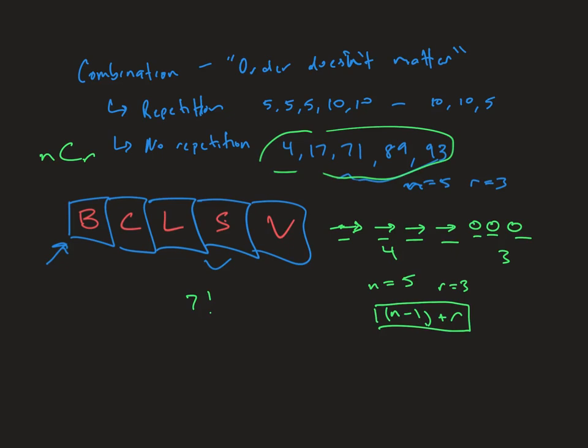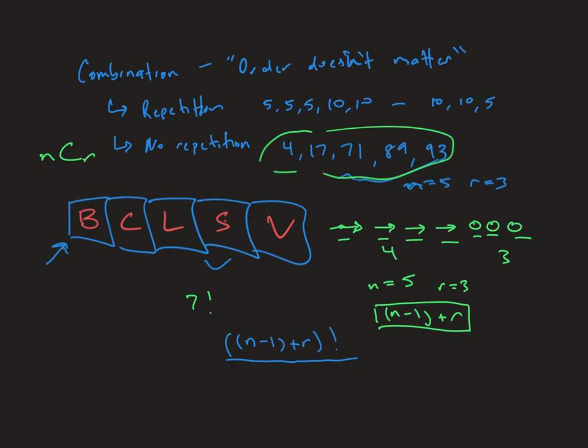So I'll write that for you. It's n minus 1 plus r, factorial, on the top. We're going to use the same formula where it was n factorial over n minus r factorial times r factorial. It's just a little confusing because the n's and the r's in that old problem are different.